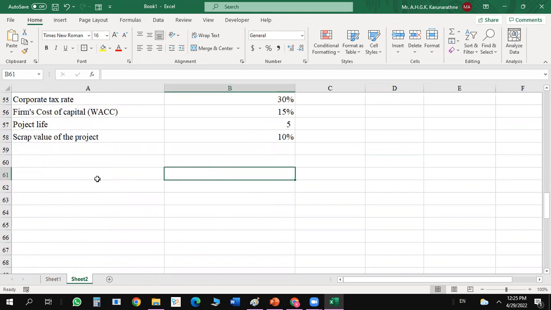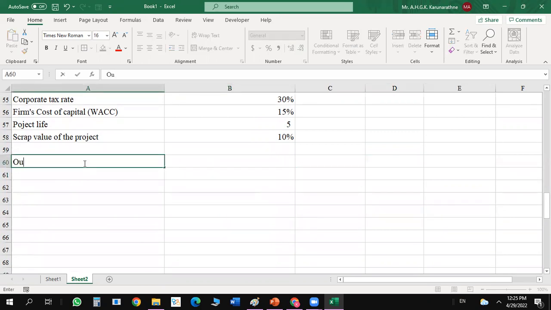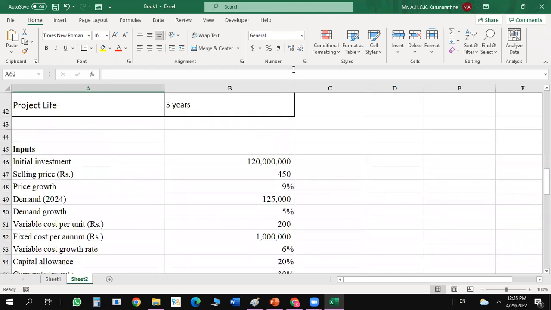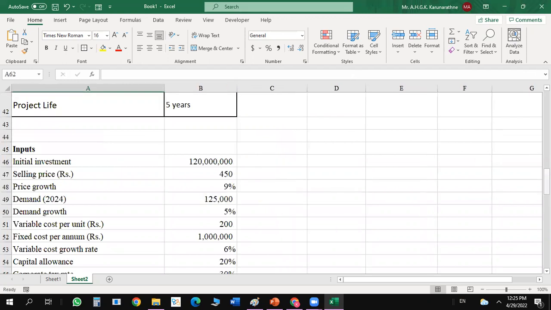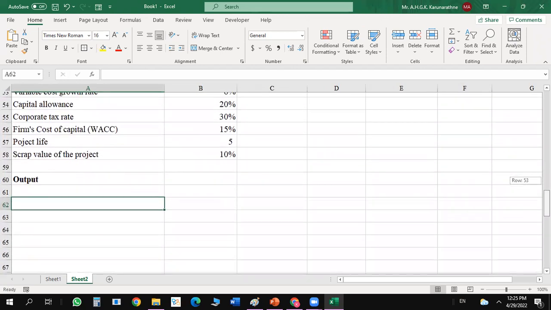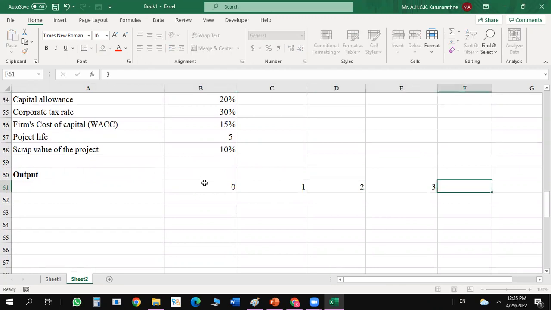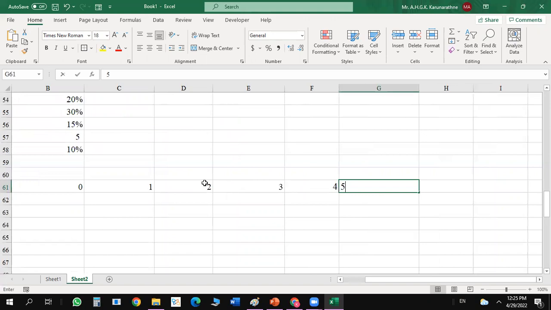So we say output: year 0, year 1, year 2, year 3, year 4, year 5.